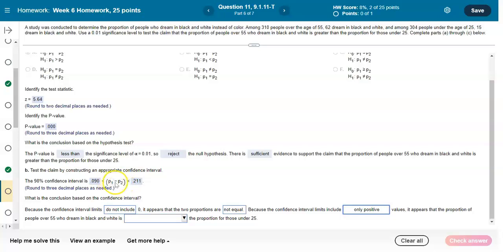If I take a number and I subtract another number from it and I get something positive, it means that first number was bigger than the second number. So because the confidence interval limits include only positive values, it appears that the proportion of people over 55, remember that was P1, who dream in black and white is greater than the proportion for those under 25. That was P2.